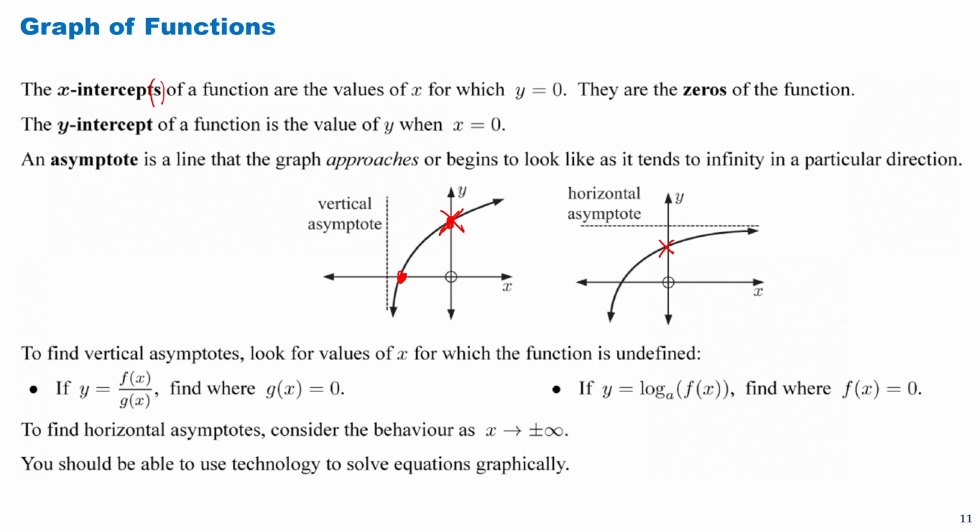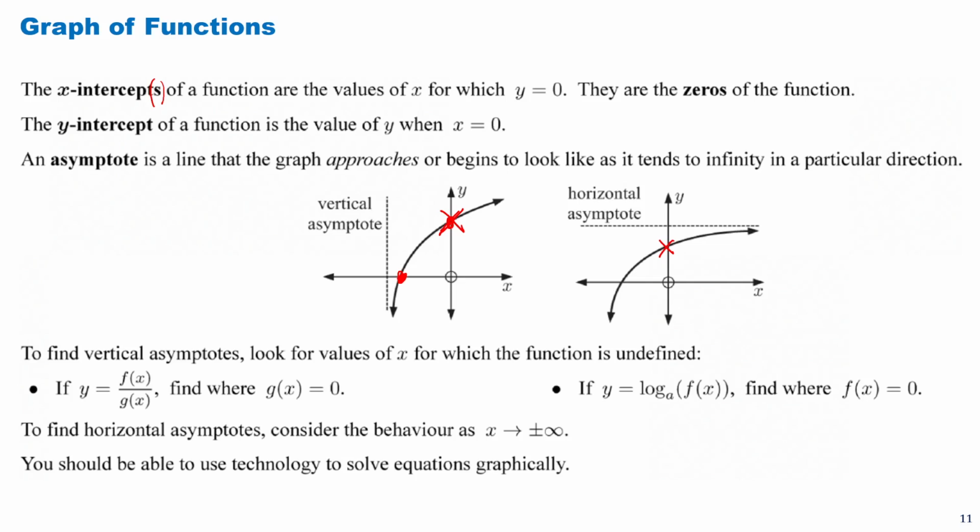Next, asymptote. An asymptote is a line that the graph approaches or begins to look like as it tends to infinity in a particular direction. We'll have another definition of asymptote using limits, so we'll review that concept when we study topic 2. Here, as long as you know the intuitive definition of asymptote, that's fine.